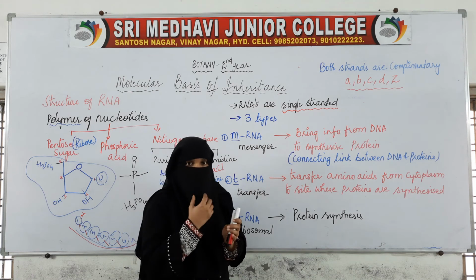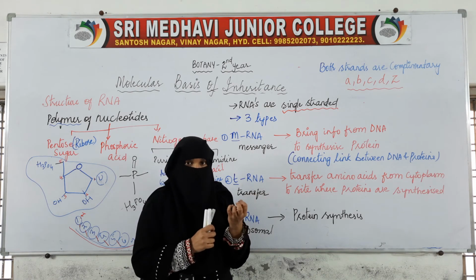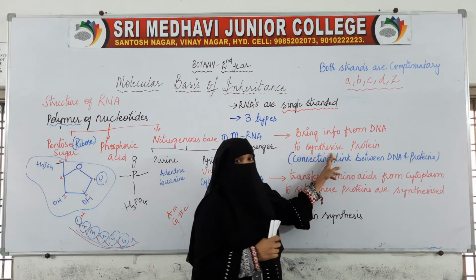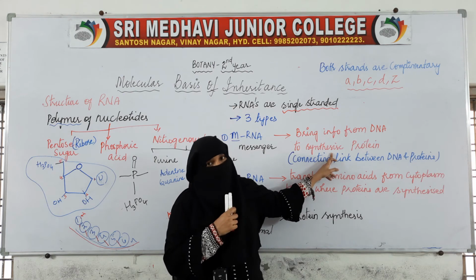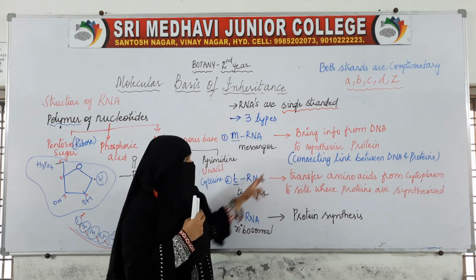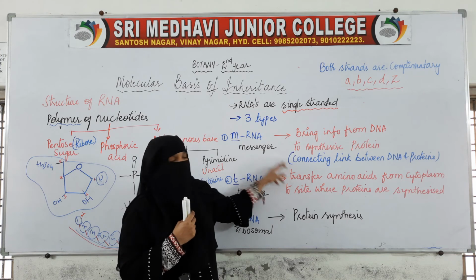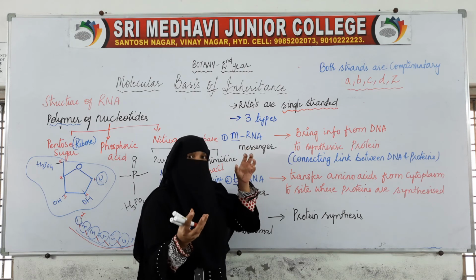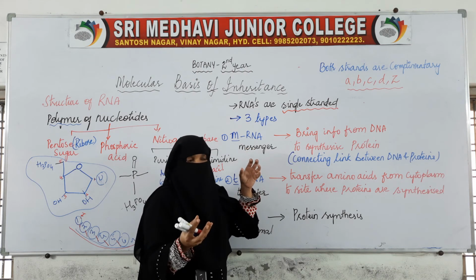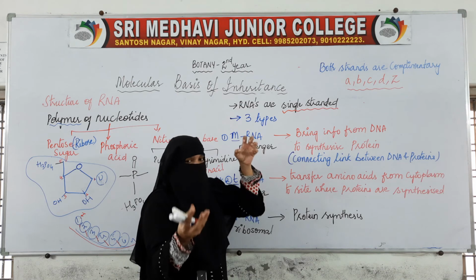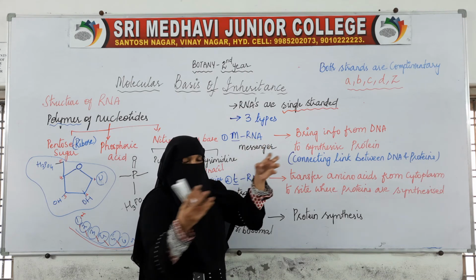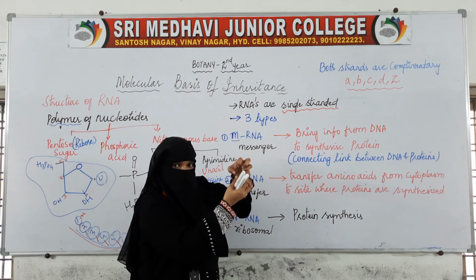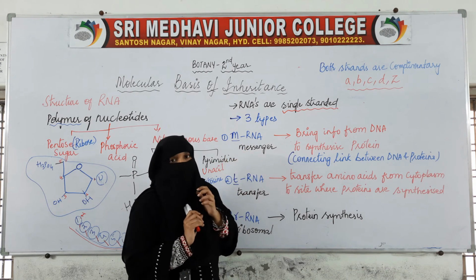So the mRNA function is to bring information from DNA so that protein can be synthesized. Next, it is a connecting link between DNA and proteins. Proteins have to be formed, and DNA gives the information about which protein has to be formed. So between DNA and the protein, the link is mRNA, because it takes the information from the DNA and helps in the formation of the protein.